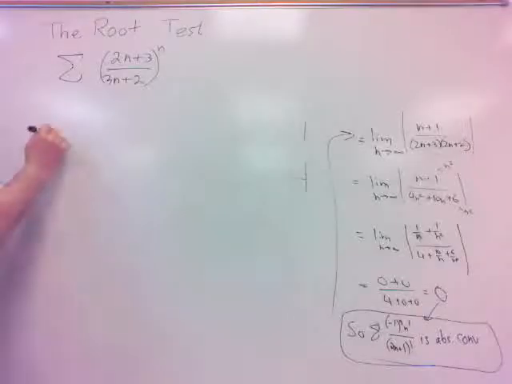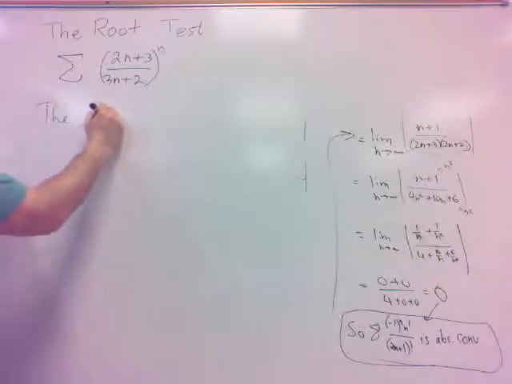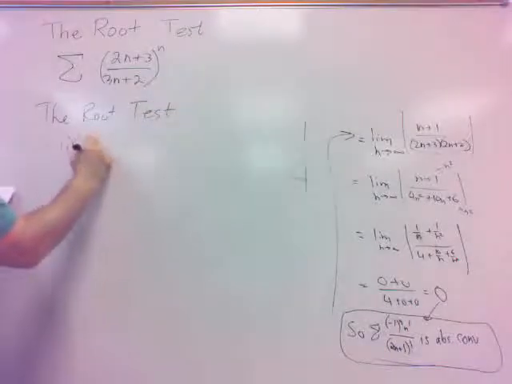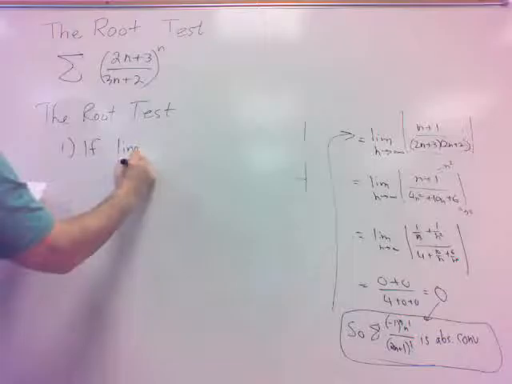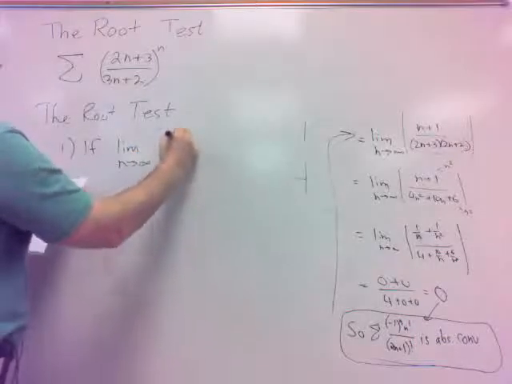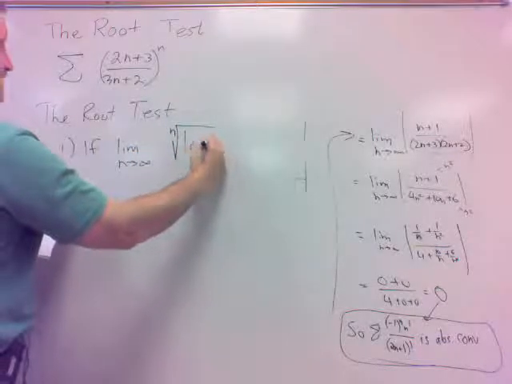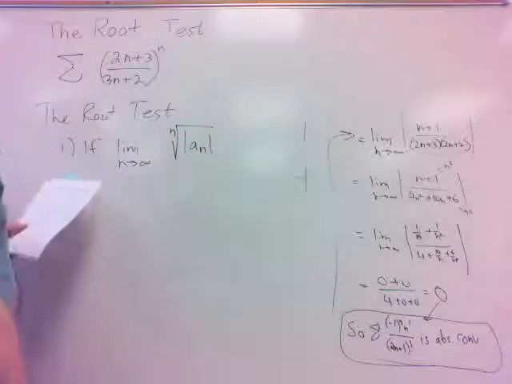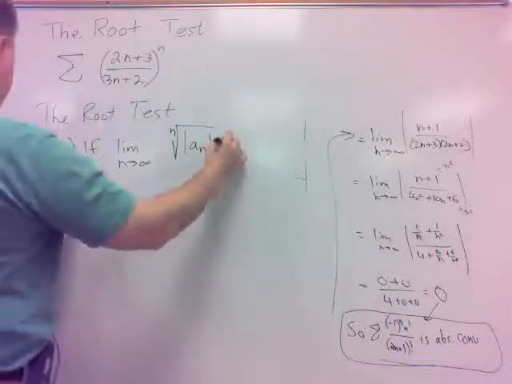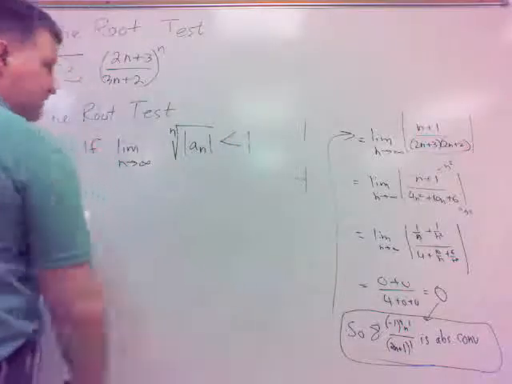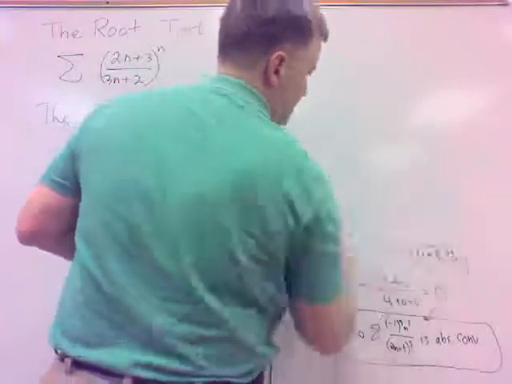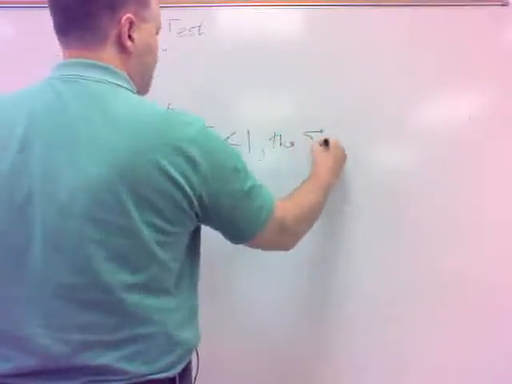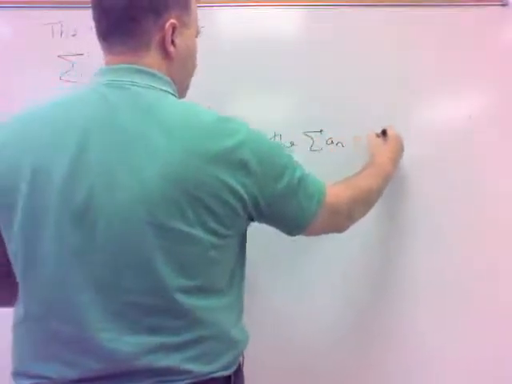Here is the root test. It's got three parts also. If the limit as n goes to infinity of the nth root of the absolute value of a sub n is less than 1, just like the ratio test, then the series a sub n is absolutely convergent.